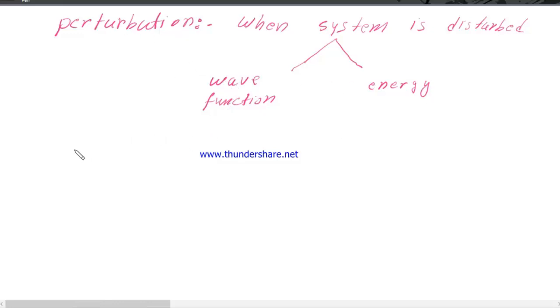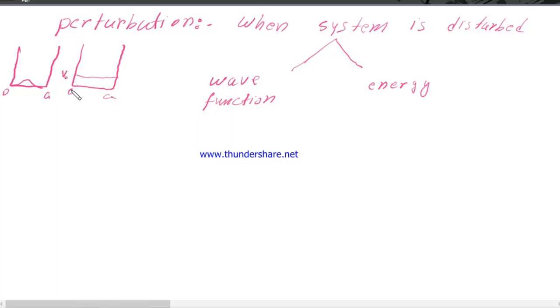Okay, for example, let's suppose we consider the infinite square well like this, from 0 to a. When we perturb the system, this is the perturbation. Now we can consider another way like this, and here the perturbation is like this.